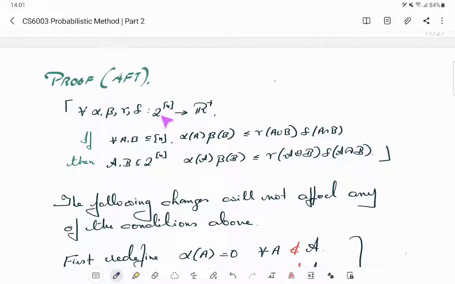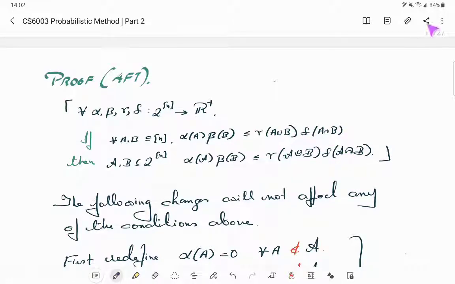For any 4 functions from the power set of n to R plus, if every A and B subset of n satisfies this expression, then every 2 families script A and script B, not necessarily down families or anything, satisfy the same expression with the overloaded version of the functions, with union replaced by the pairwise union of families, and intersection replaced by the pairwise intersection of the families.